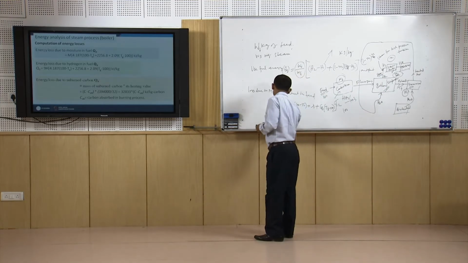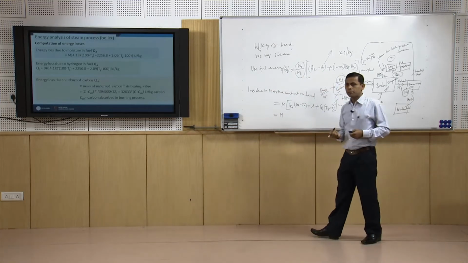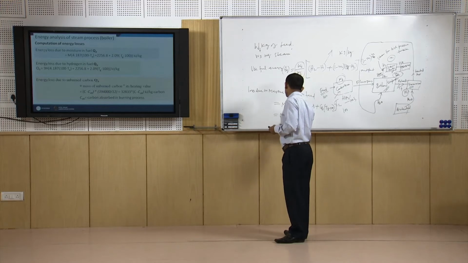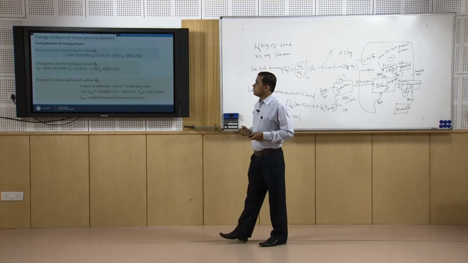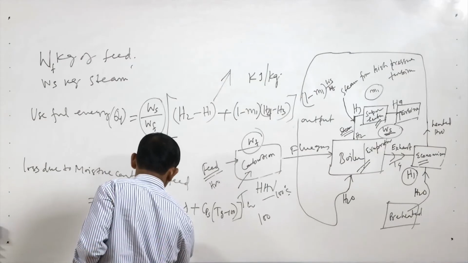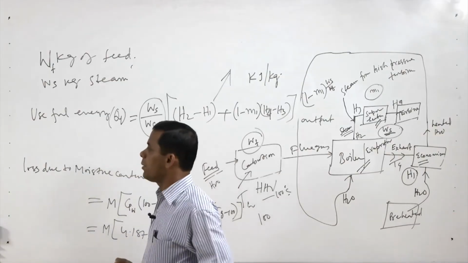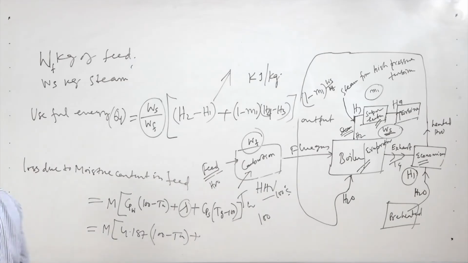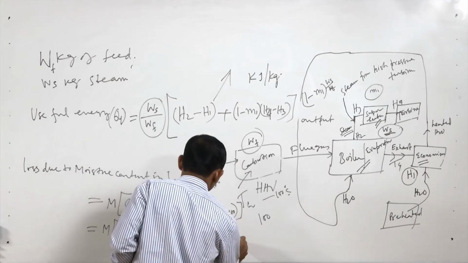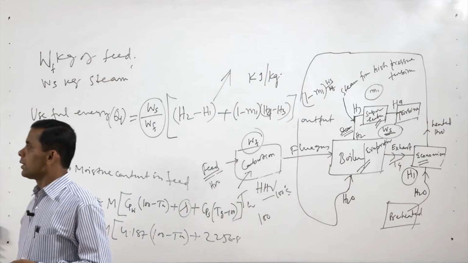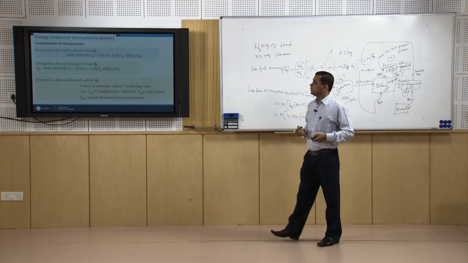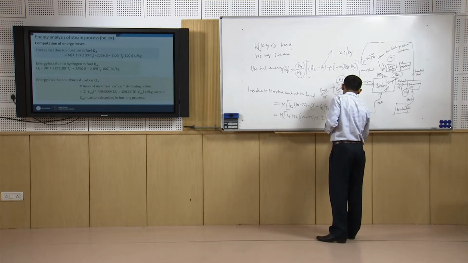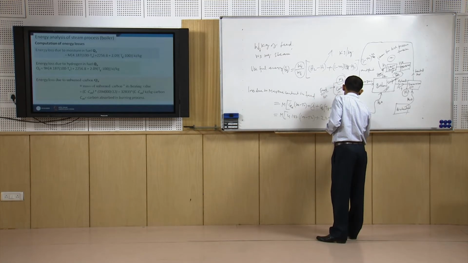Now, if we put the value of Cp water and Cp steam, then this loss is equal to M into 4.187 into 100 minus Ta plus this lambda, which is 2256.8 kilojoule per kg, and the specific heat of steam, that is 2.09 kilojoule per kg per degree centigrade, into Tg minus 100.